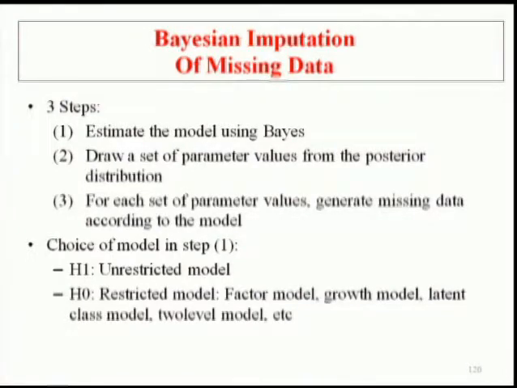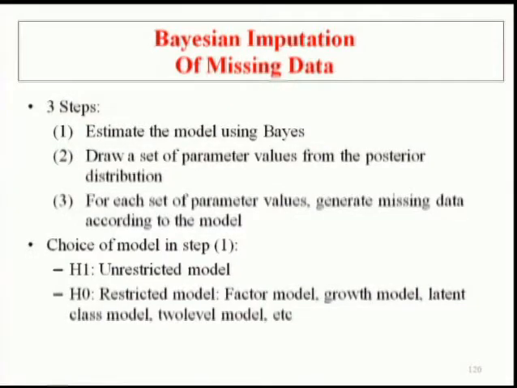So imagine that you have done a Bayesian analysis and you get the posterior distribution for all of your parameters. Then you take a random draw from that posterior distribution, sort of a Monte Carlo approach again, for the parameter values. And for that parameter value set, you generate the missing data according to the model. And then you do it over again, say 5 times, that's often recommended.